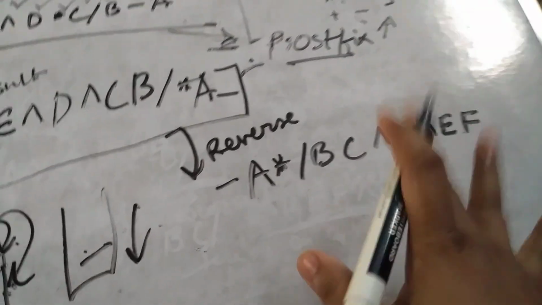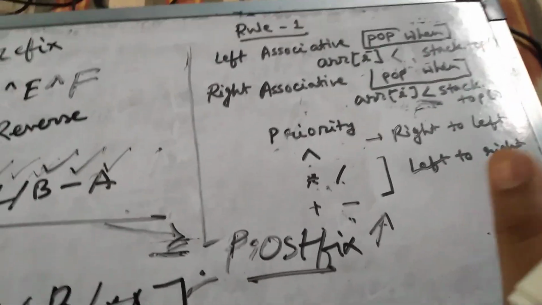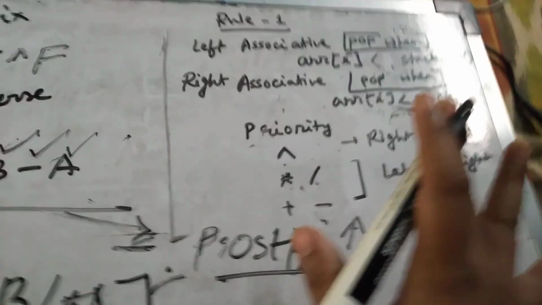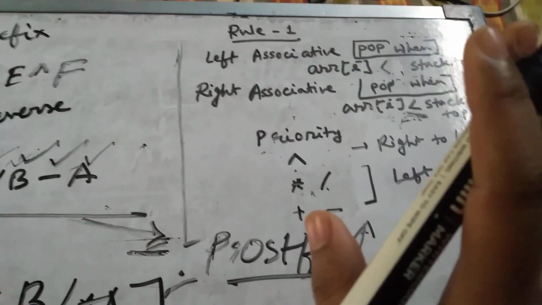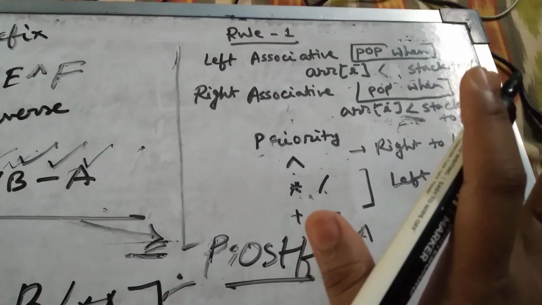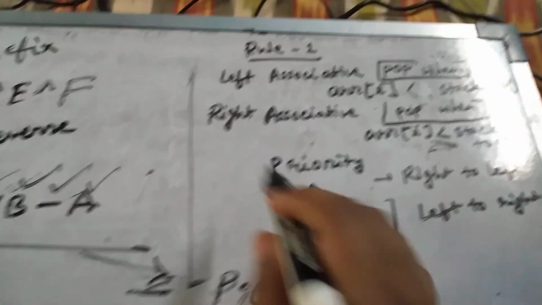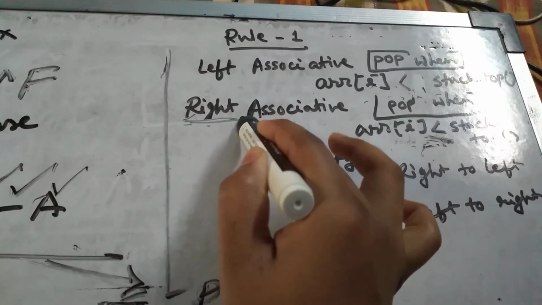Yeah, this is the stack level understanding. You must know the rules and the priority and associativity rules. Previously, when I was in my second year, I did not know how the right associative operator works.